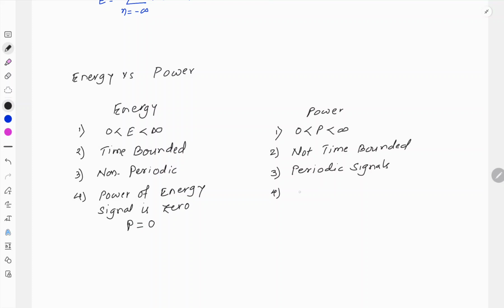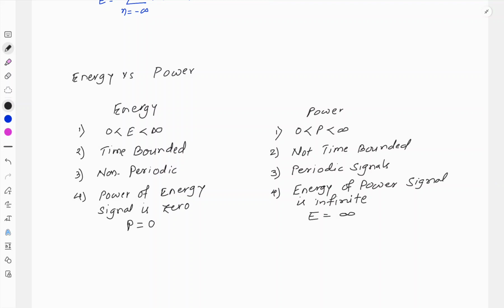Similarly, the energy of a power signal is infinite. So if we try to find out energy for a power signal, we will get the answer as infinity. This is a very important differentiation.